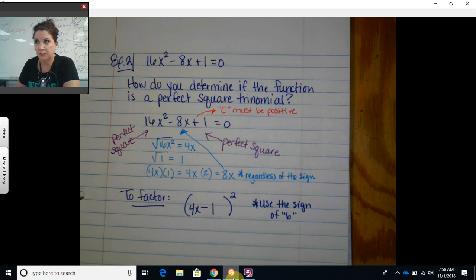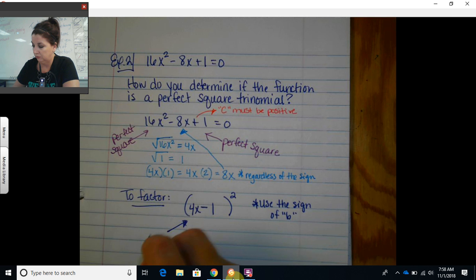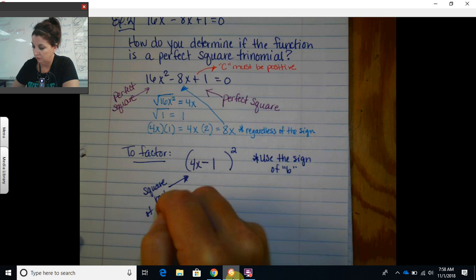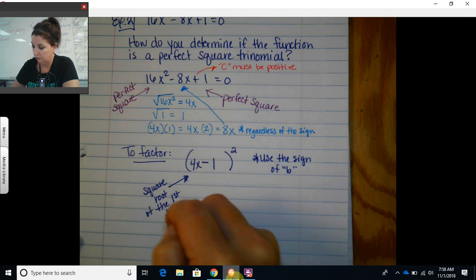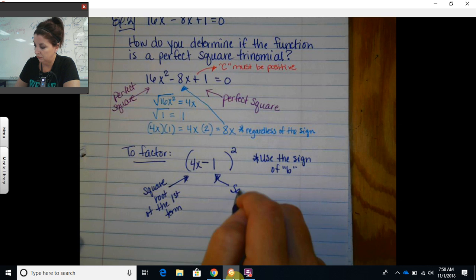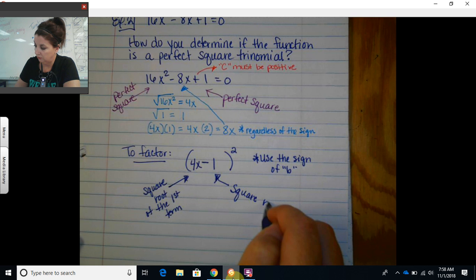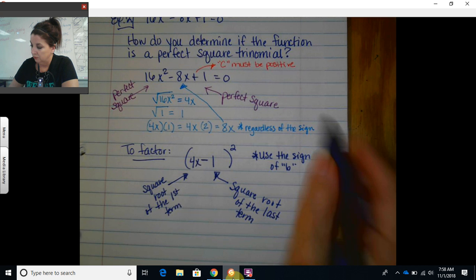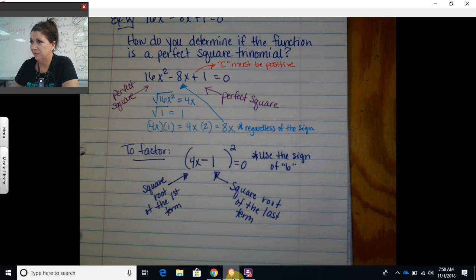You're factored, just like that. Easy, right? Hardest part is remembering how to tell if it's a perfect square trinomial.